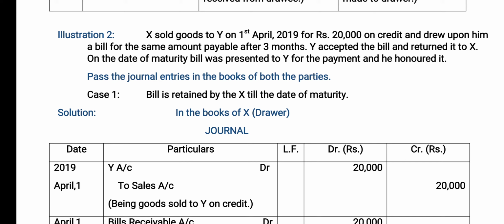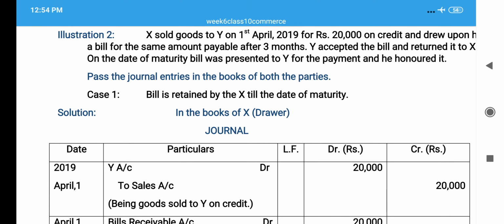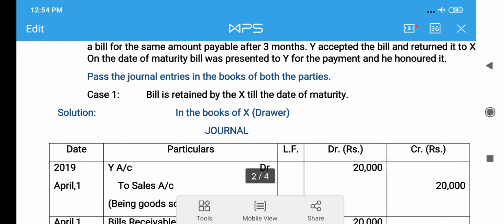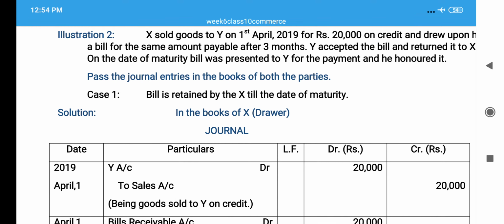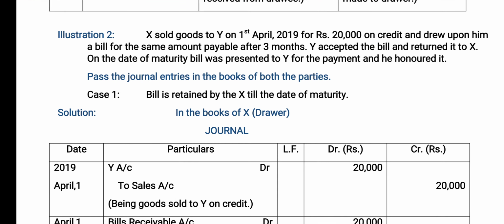The date of maturity, as I told you in illustration 1, is calculated like this: the bill is drawn on 1st April 2019, and after 3 months it is going to be paid.